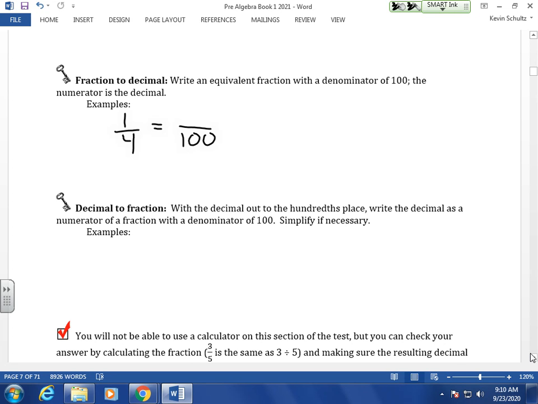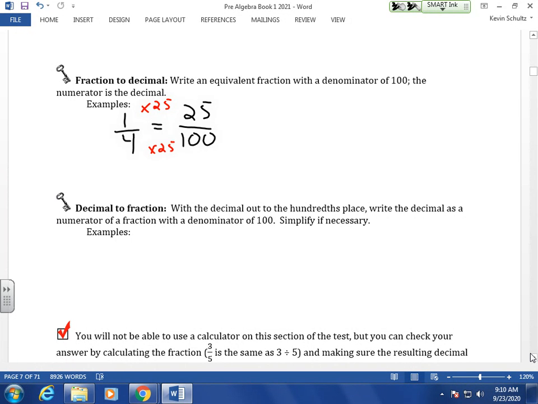So now the question is, what do we have to multiply 4 by to get to 100? What's the scale factor? 25. So 4 times 25 equals 100, and you're going to multiply the numerator by the same number, which gives us 25 over 100.